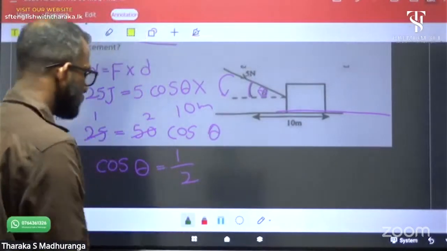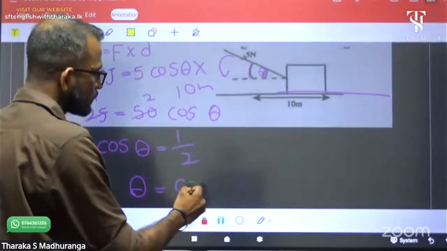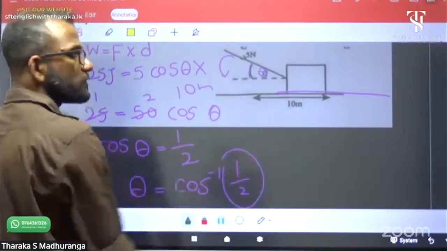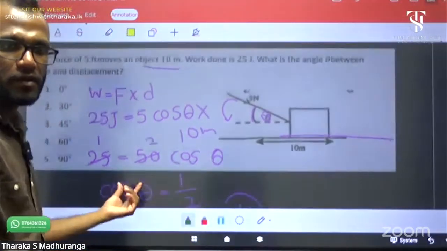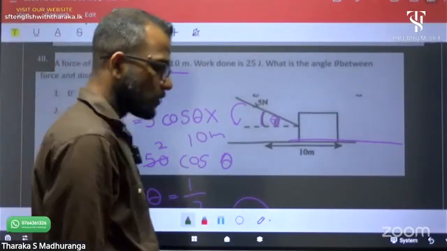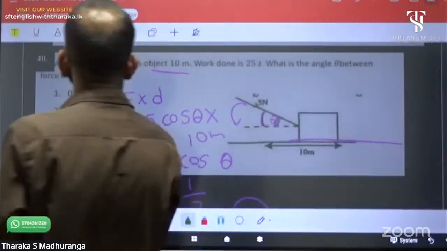Then theta equal cos inverse half. Okay, you can use a calculator. Cos inverse half is 60, because cos 60 equals half.